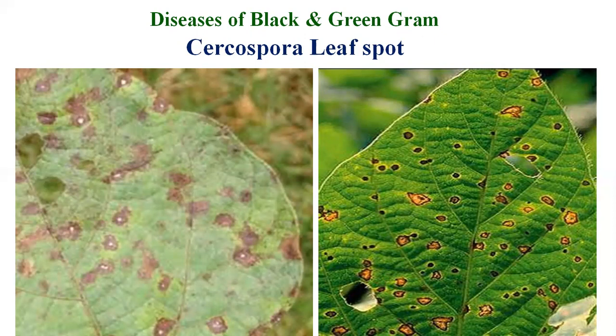As you all know the typical symptoms of Cercospora, you can see here a circular brown spot surrounded by a yellow margin, that is known as a yellow halo in pathological language, or maybe scientific term.